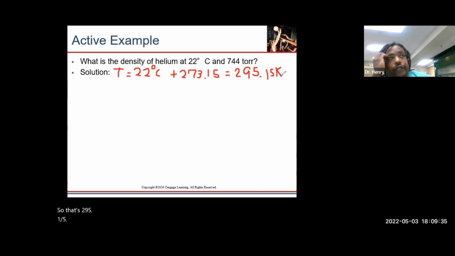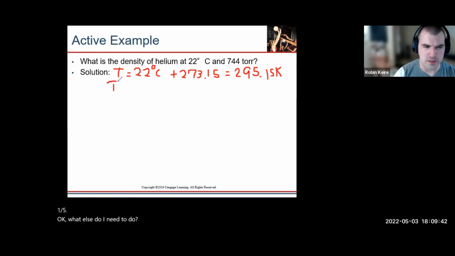Okay, what else do I need to do? I need to convert torr to atmospheres.